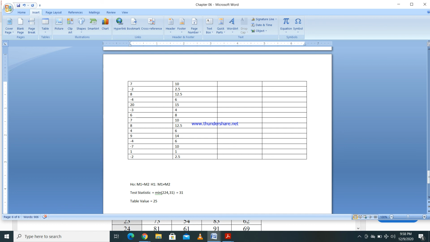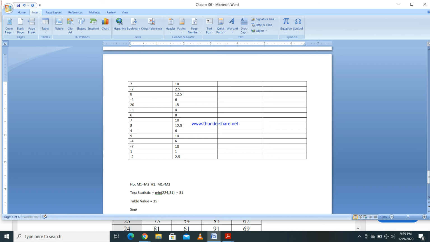And then now we have to take the decision. Right? How do we take the decision? If our test statistic is less than our table value, we can reject H0. But in this case, our test statistic is 31 and our table value is 25, so our test statistic is greater than our table value.